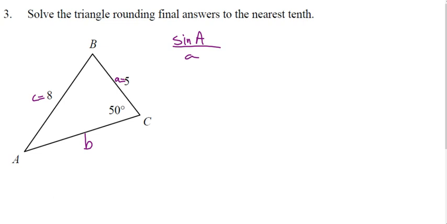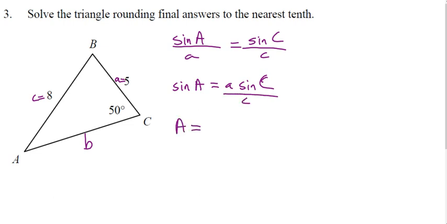Okay, so the sine of angle A over little a is equal to the sine of angle C over little c. So sine of A is equal to a sine C over little c, and angle A is the inverse sine of that expression.